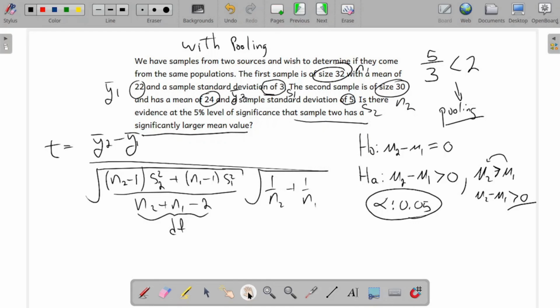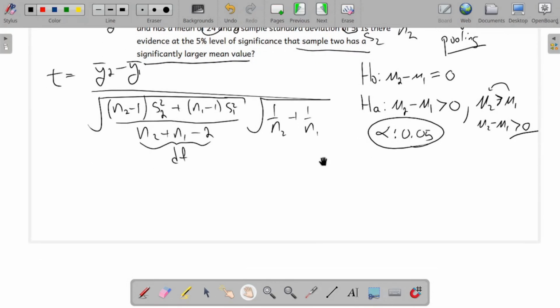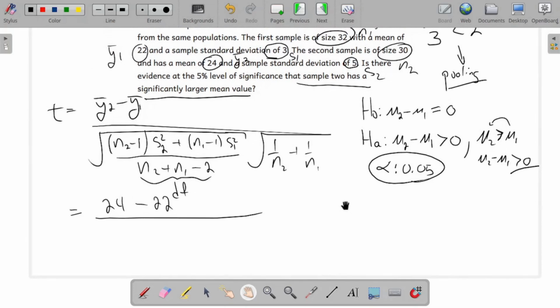Let's give ourselves a little bit of room to work. Move this up a little bit. Now, let's put some numbers in. So this is 24 minus 22. Now, sample size for the second sample, we have size 30, which means we have a 29 here. And then we're going to multiply that by the square, the standard deviation.